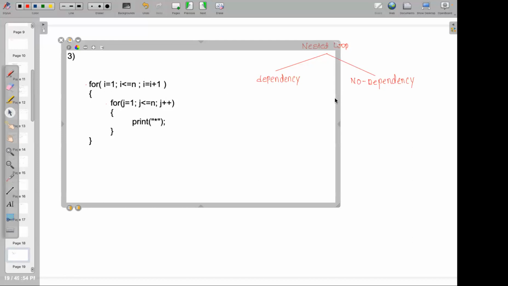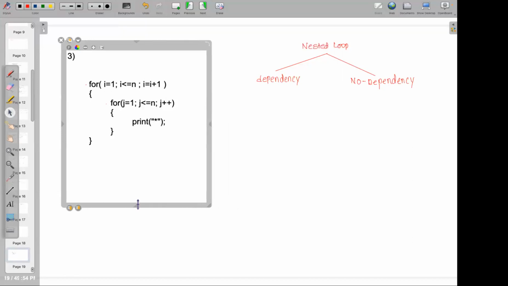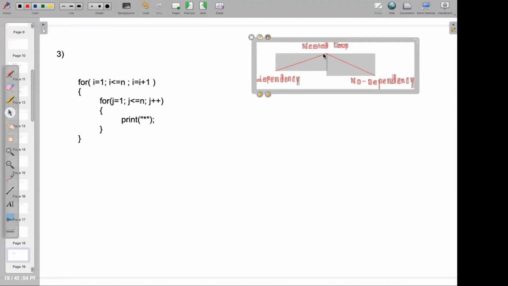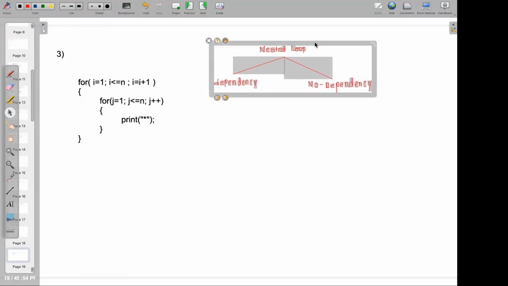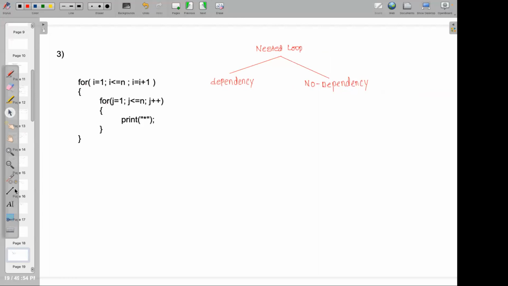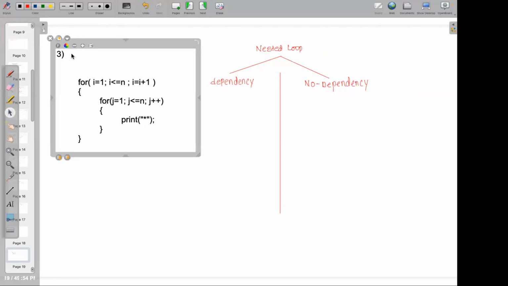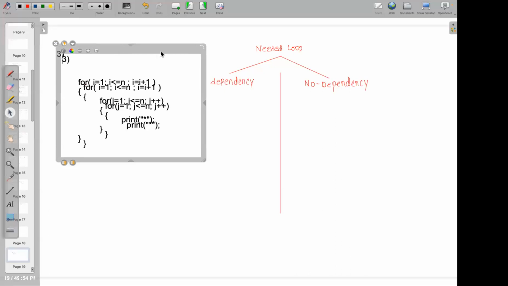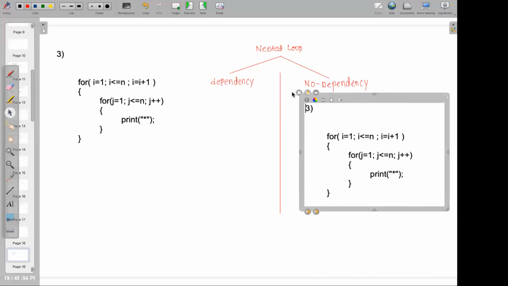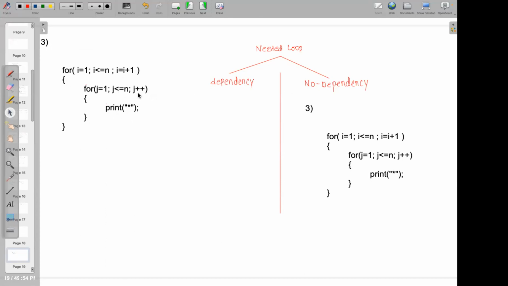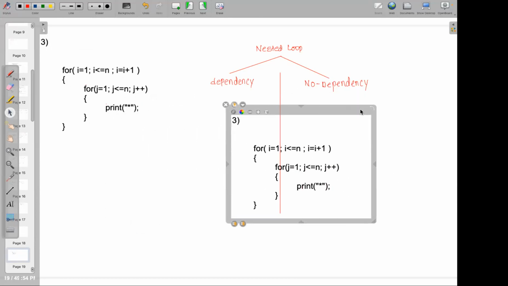So, sir, what is this dependency? Let me tell you, friends. It's a simple concept only. So this is the nested loop. I'll give you an example for both of them. I'll take this code, the same code, this is the original problem.